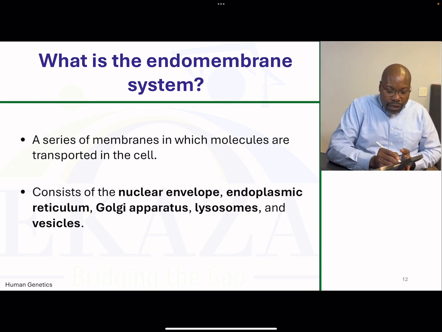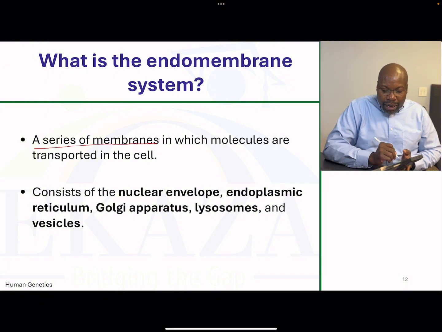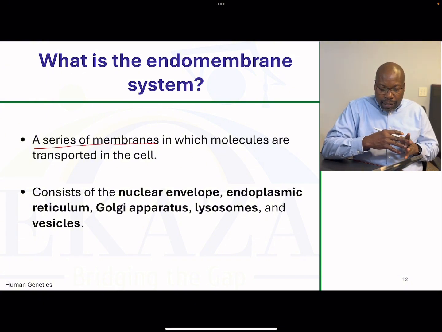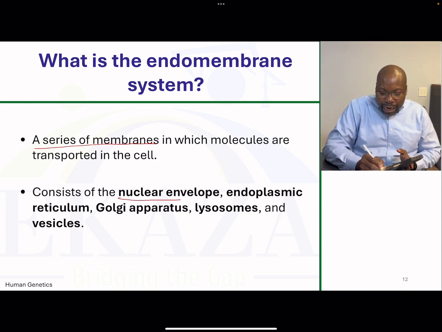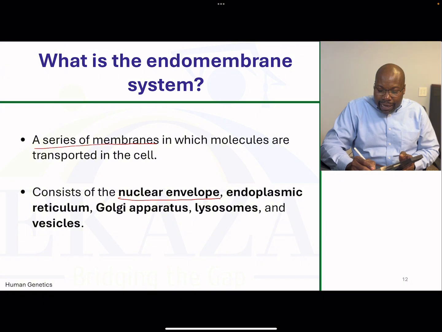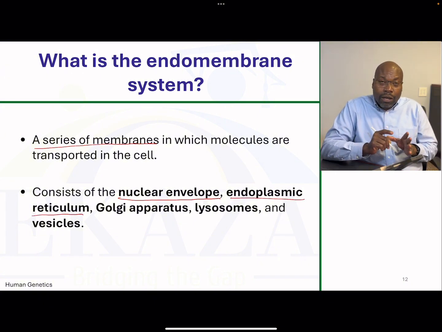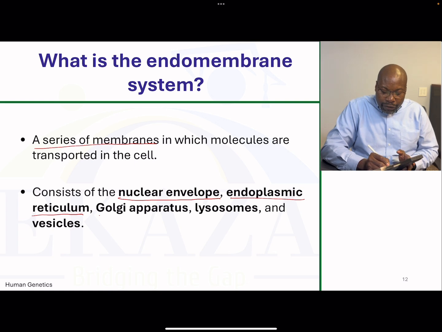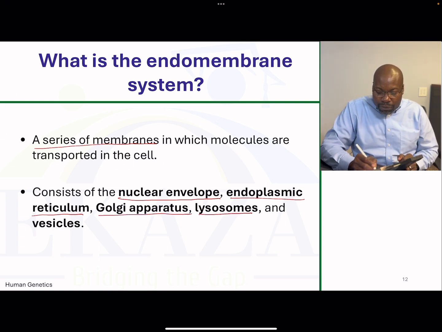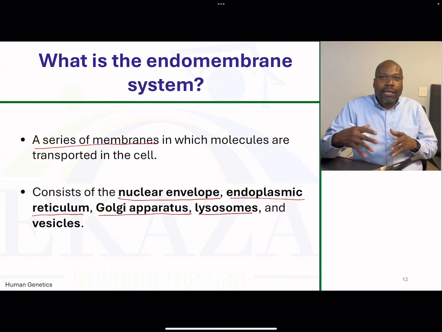So this is a series of membranes, right, that are interconnected. So we're going to have the nuclear envelope that is going to connect with the endoplasmic reticulum. That endoplasmic reticulum itself is going to connect with the Golgi apparatus, which is going to connect with the lysosomes and some vesicles that allow transportation of chemicals here and there.